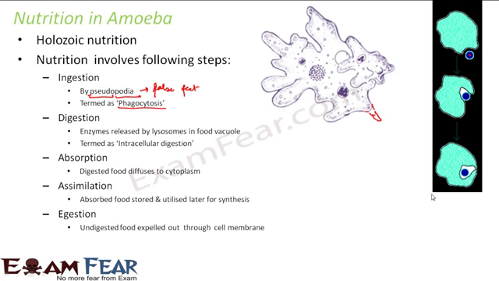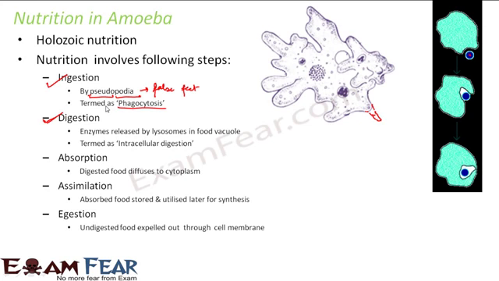Now the next step is digestion. How is the food digested? The enzymes are released by lysosomes in the food vacuole. As I said, a food vacuole will be formed by the end of the ingestion process. In that food vacuole, some enzymes will be released by the lysosomes. What are lysosomes?